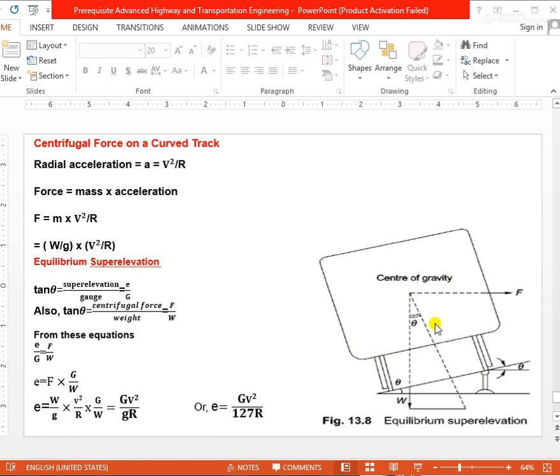Mass is m, acceleration is v square by r. Mass should be weight by g, where W is the weight, g is the acceleration due to gravity, and this v square by r.